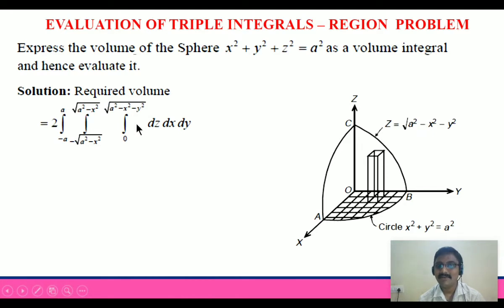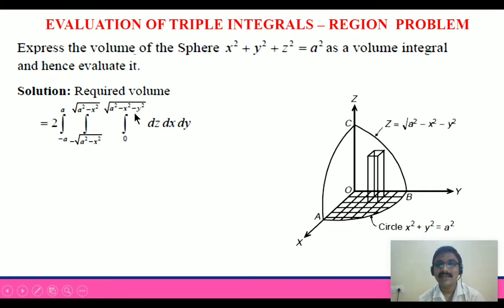Clearly 1 is an even function or odd function? Even function, because every constant function is always even. 1 is an even function, so that negative root of a square minus x square minus y square to positive root of a square minus x square minus y square can be written as 2 into integral 0 to root of a square minus x square minus y square.